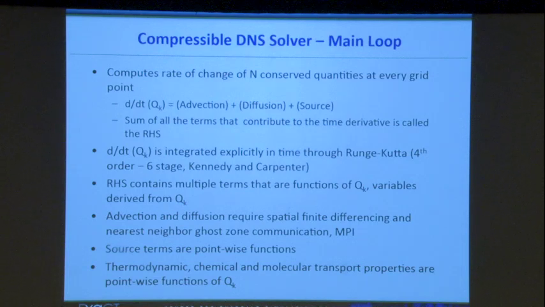And so advection and diffusion types of terms and all of the governing equations require spatial gradients, and so you have to do spatial finite differencing and nearest neighbor ghost zone communication, whereas the source terms are pointwise functions, as well as the thermodynamics, the chemistry, and the molecular transport properties are also all pointwise functions of the solution vector, the species mass fractions, temperature, pressure, and so on.